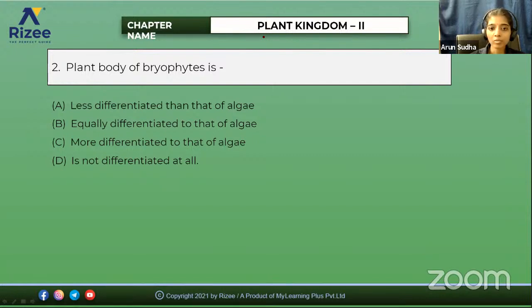Yeah, it is option C. Yes, correct, Ivan and Karunya. Good. So the plant body is more differentiated. Not less. It is not equally also. It is not undifferentiated.